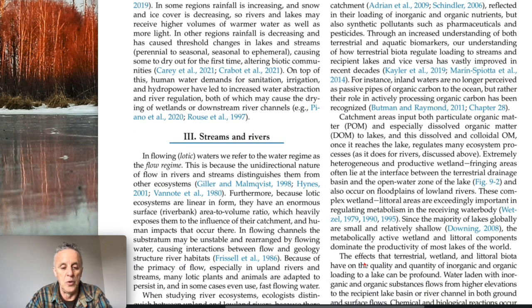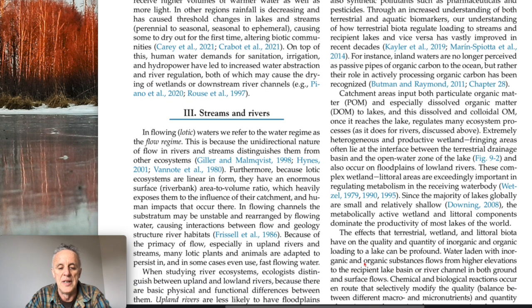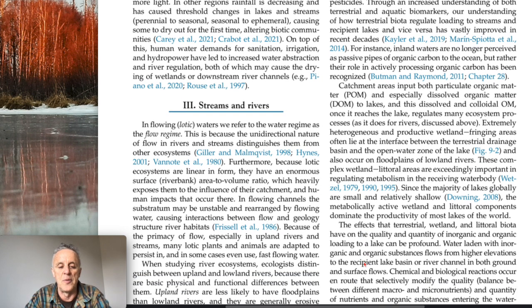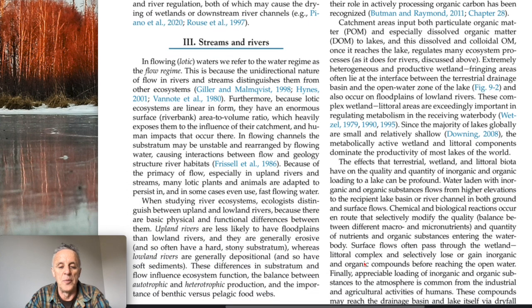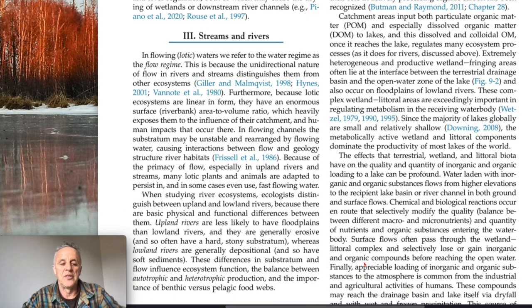In flowing lotic waters, we refer to the water regime as the flow regime. This is because the unidirectional nature of flow in rivers and streams distinguishes them from other ecosystems. Furthermore, because lotic ecosystems are linear in form, they have an enormous surface riverbank area to volume ratio, which heavily exposes them to the influence of their catchments and human impacts that occur there.